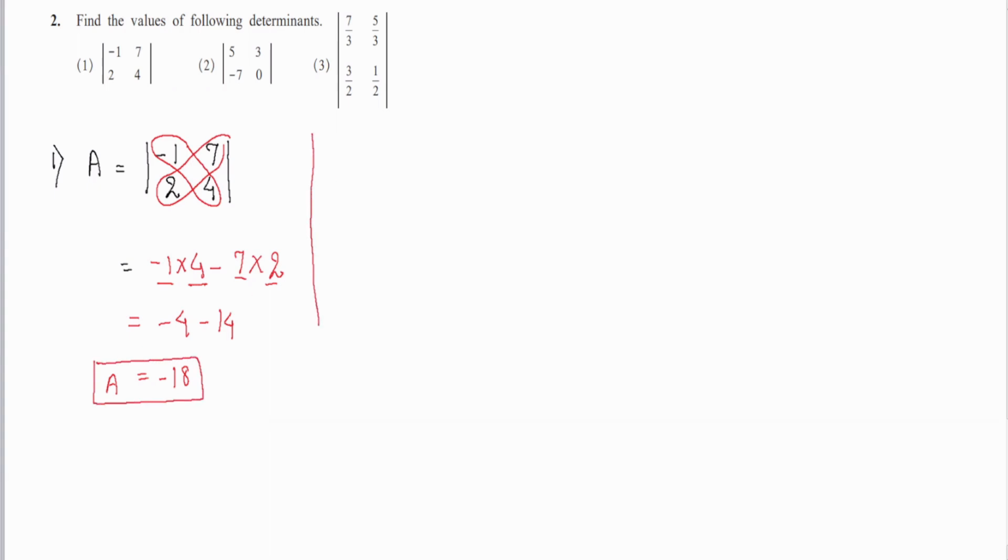Now next question, that is question number 2. Let's suppose this is B in determinant 5 3 -7 0. Okay, so this will be multiplied with each other. 5 multiplied by 0 minus in bracket 3 multiplied by -7.